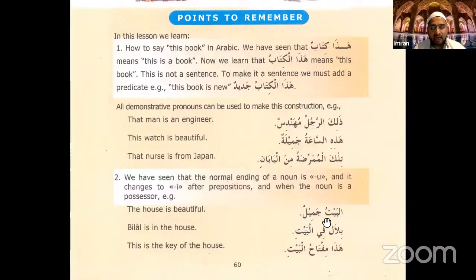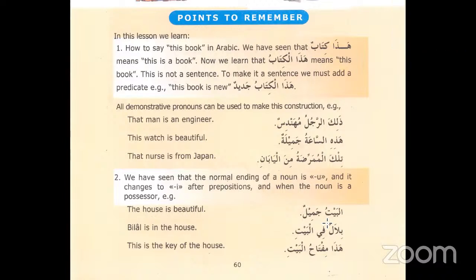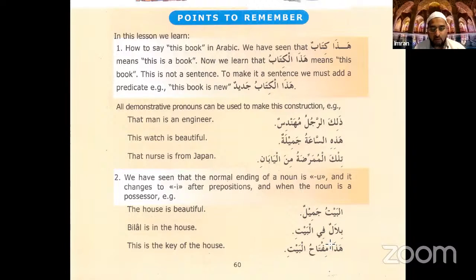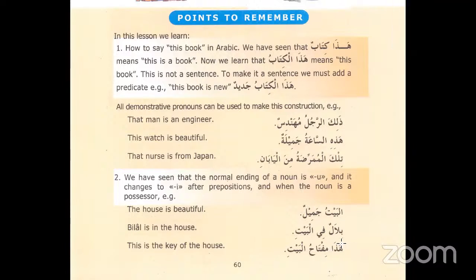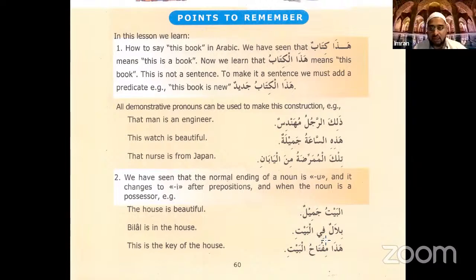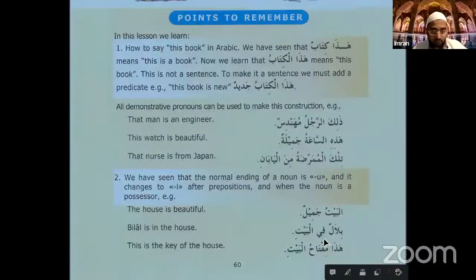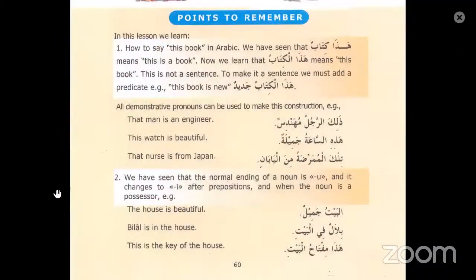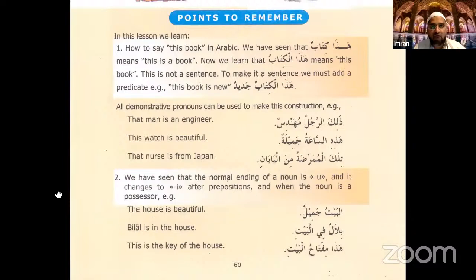What about the house? The house is beautiful. Correct. Next one. Bilalun fil bayti. Bilal is in the house. Excellent. So what type of word is fi? Harf jar. Exactly. So remember this point. The second type of khabar, predicate, you can have is a preposition, harf jar, with the noun which is in the genitive case.